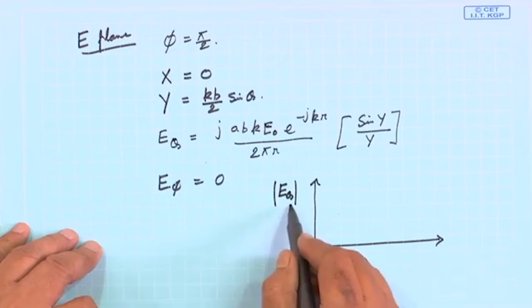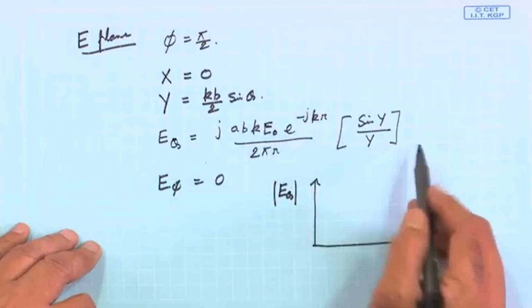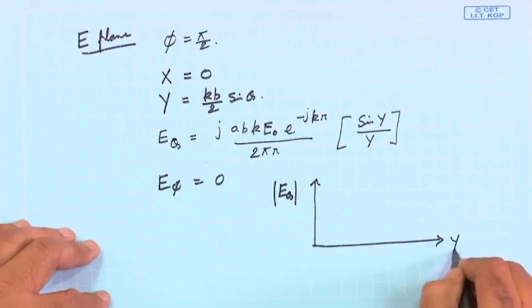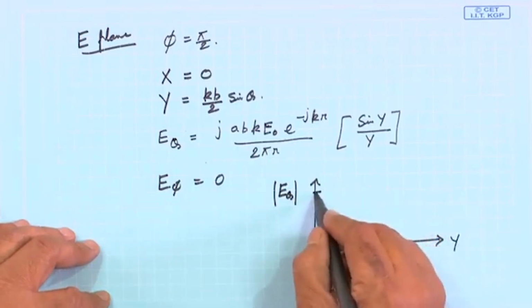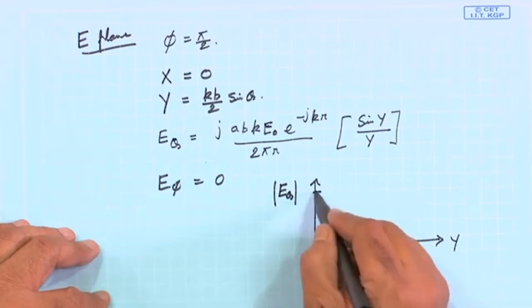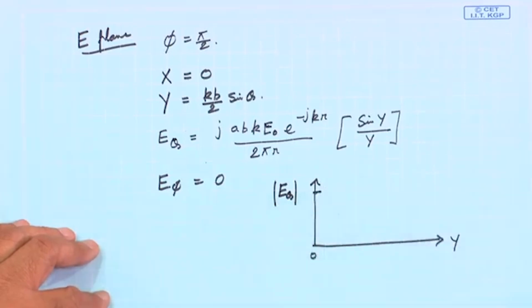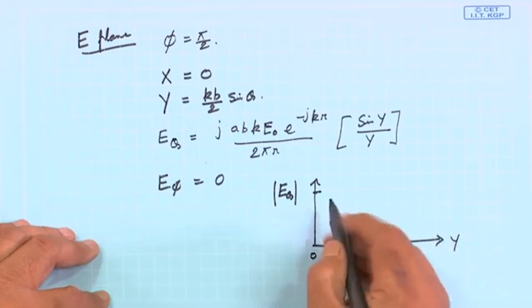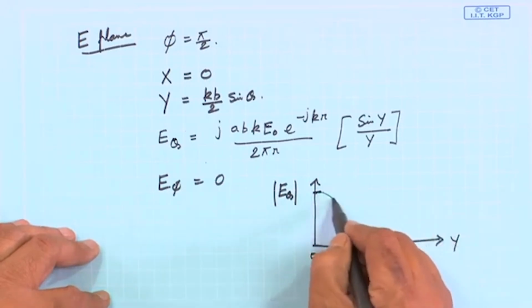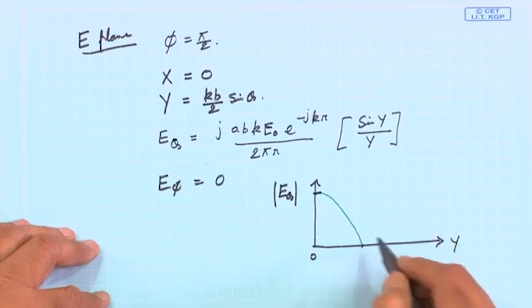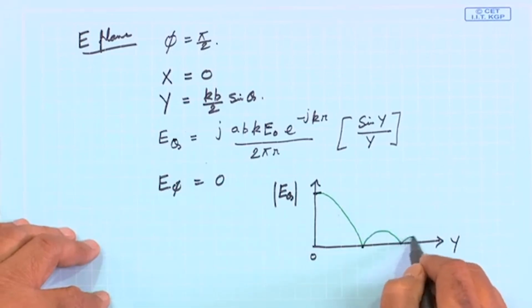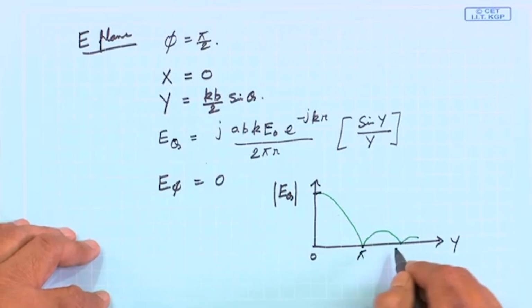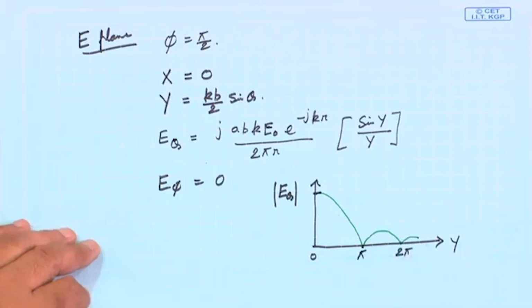If I normalize, basically it is a sinc function, here in Y. This value will be 1 at 0, and then it will go like the sinc pattern, and since I am taking the magnitude, it will be only positive. These points are pi, 2 pi, etcetera.